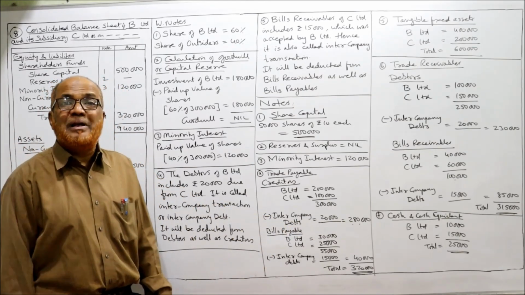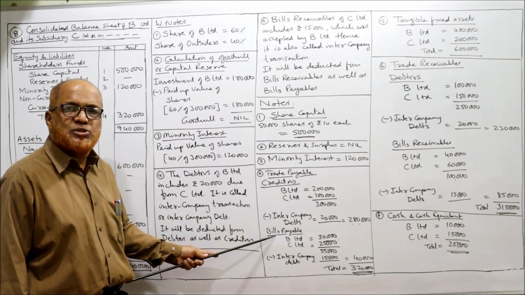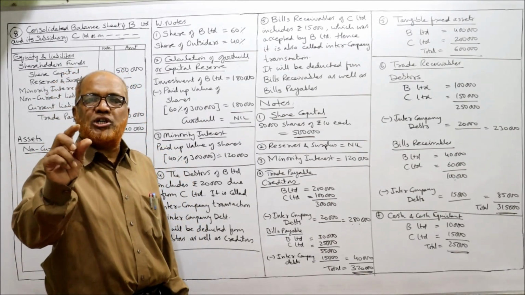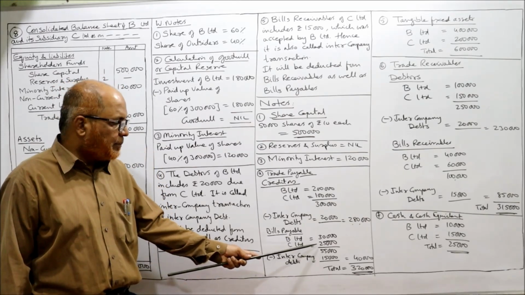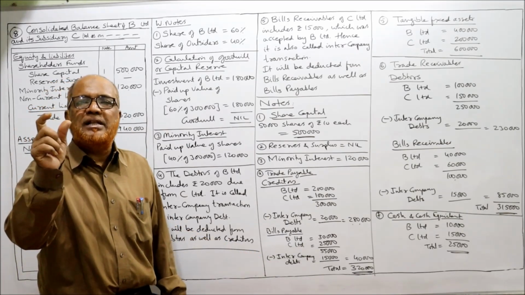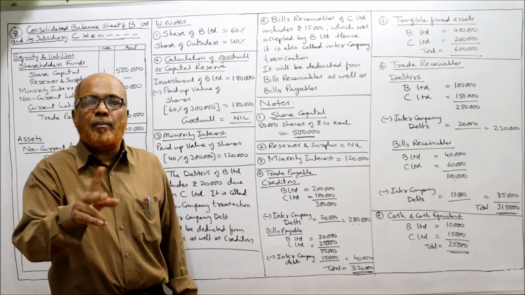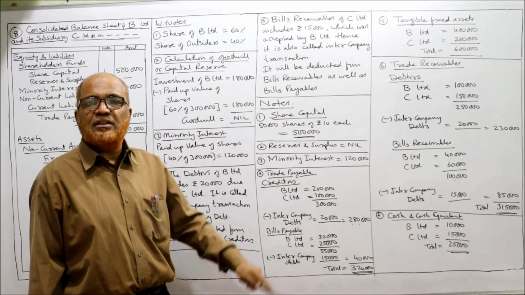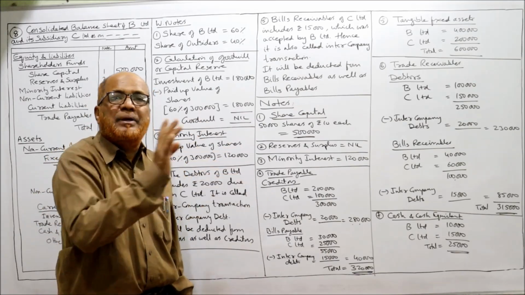Now it also includes bills payable. In the balance sheet you can see trade payables of B Limited 30,000, C Limited 25,000. Take the total, 55,000 is the total bills payable. From this we deduct the common bill. How much is the common bill? 15,000, which is drawn by C Limited and accepted by B Limited.